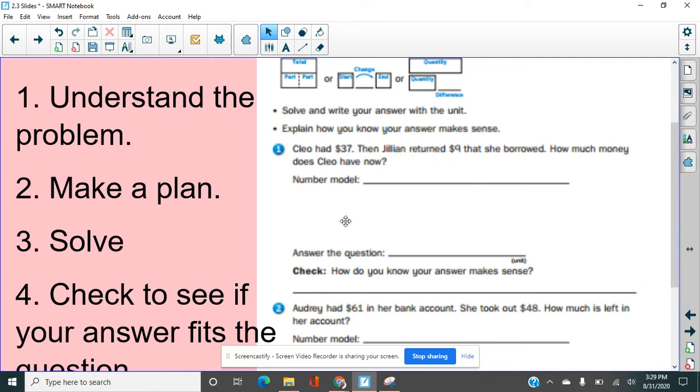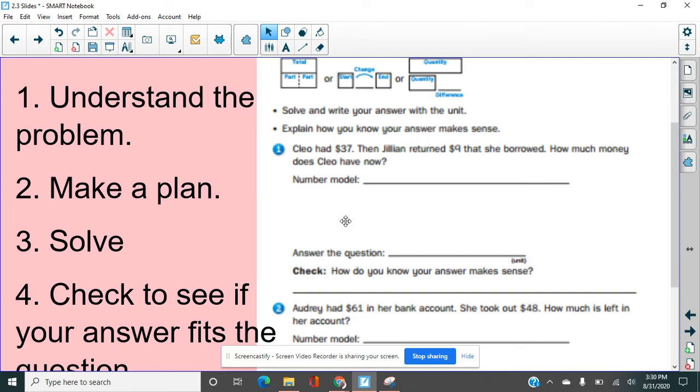All right, get this picture in your mind. What does Cleo look like? Whatever you said there is fine as long as you have a picture in your mind. Jillian, in this question, what is Jillian doing? Jillian is giving Cleo some money.